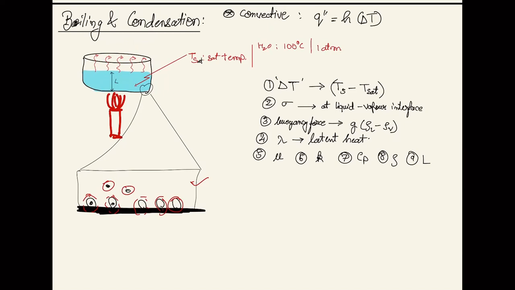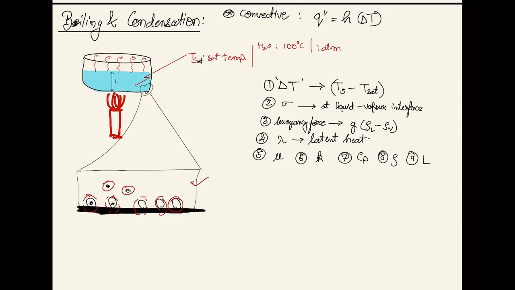Yes, sir. So in conclusion, velocity is going to affect this particular problem. It should be a variable over here, but as of now we are just considering the case where no forced or external convection is coming here. Okay, I guess everyone is clear with it.